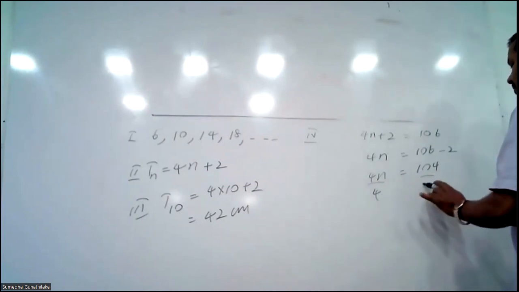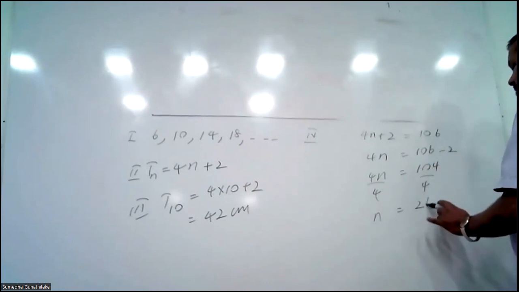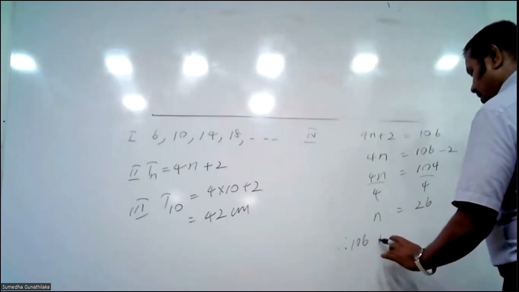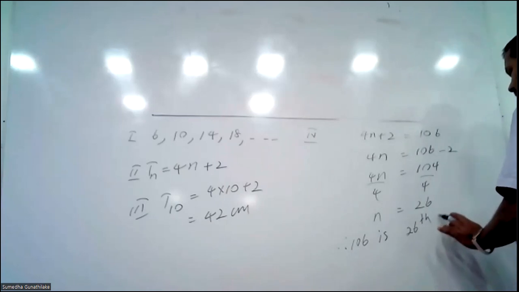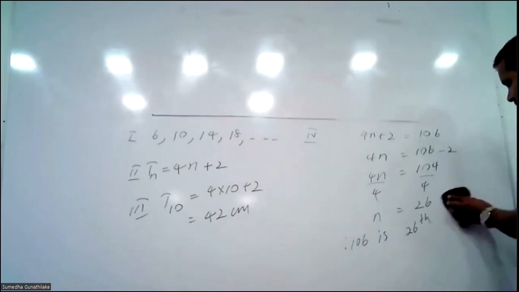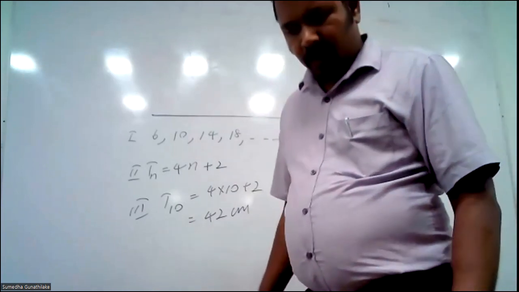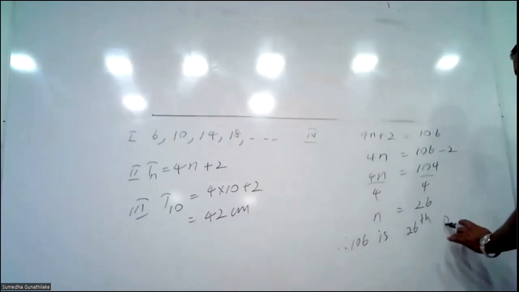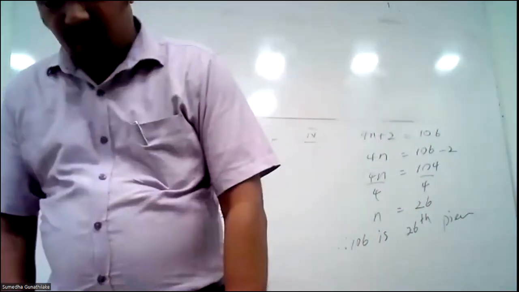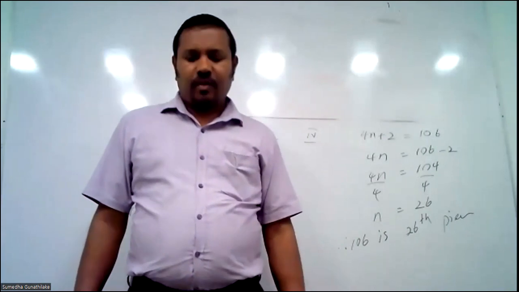And divide both sides by 4. 4 times 2, 8. And 24, 4 times 6. Therefore, 106 is 26th term, 26th piece. Yes, 26th piece. 106 is 26th piece of this thread. Right?